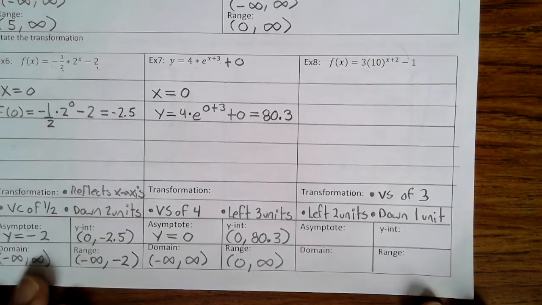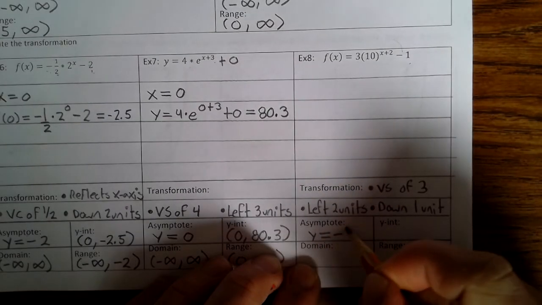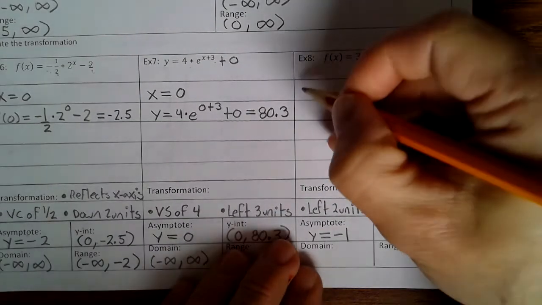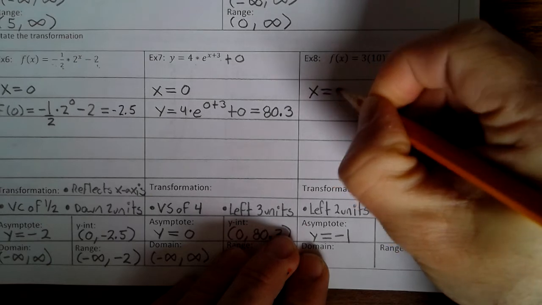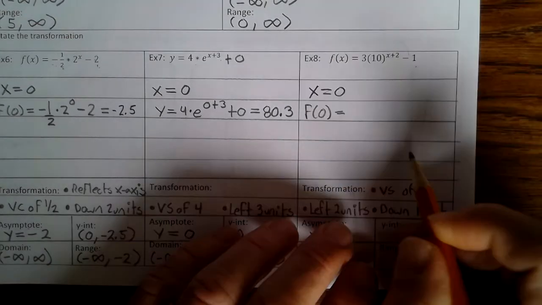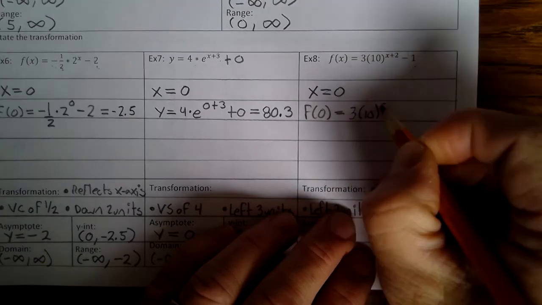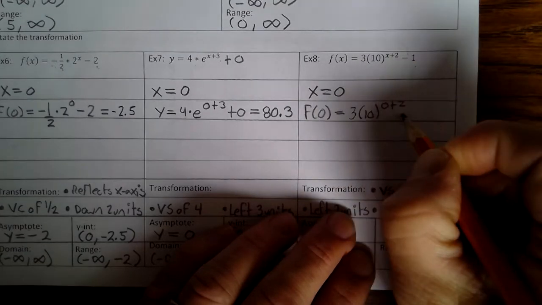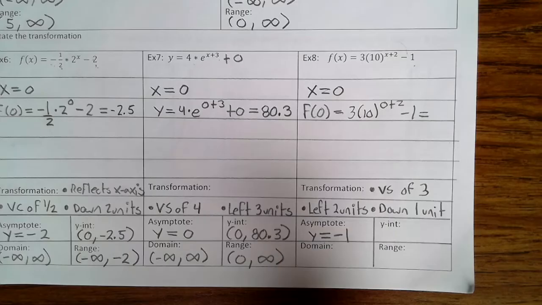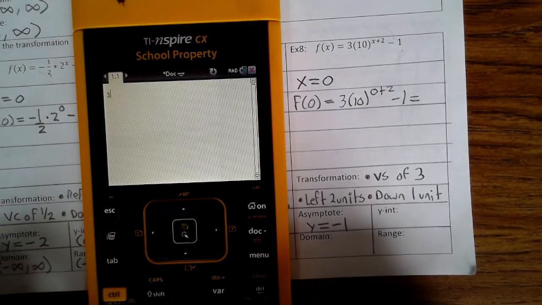So that's f of 0 equals 3 parentheses 10 to the 0 plus 2 minus 1. And again, this would be a good time for the calculator. Okay, so then that's 3 parentheses 10 to the 0 plus 2 minus 1 is 299. Okay, so your y-intercept is 0, 299.